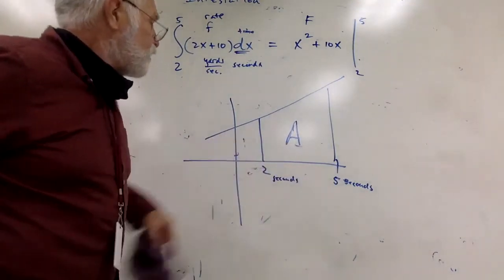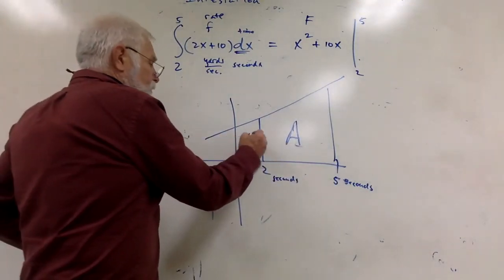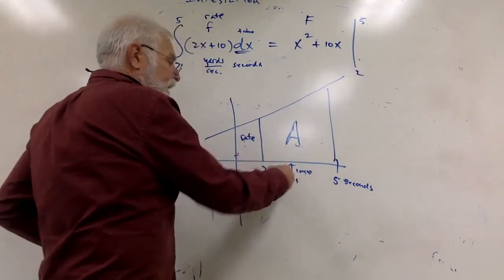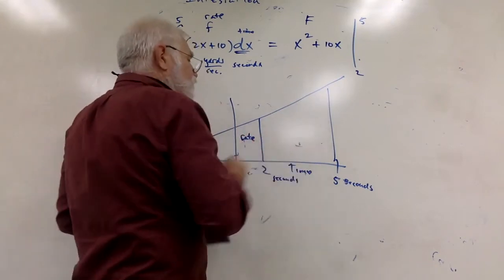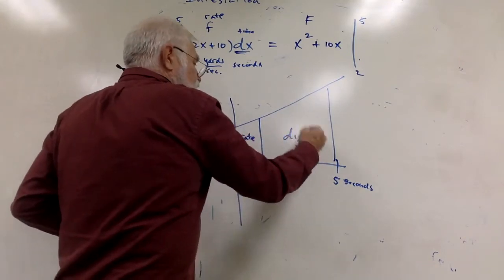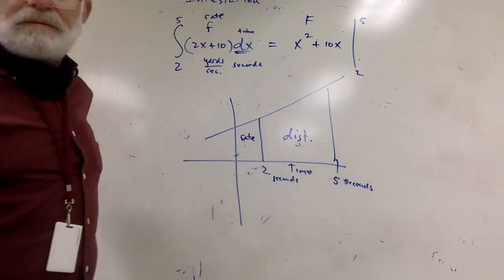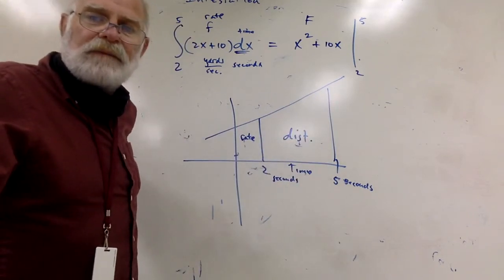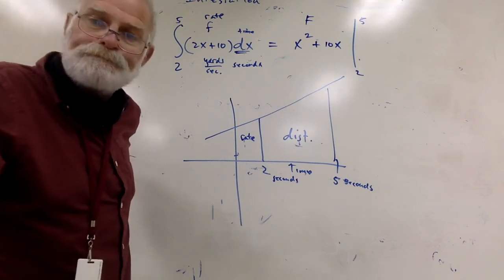Rate. This is the rate. This is time. Rate times time. This area under the curve is telling me the distance that Olympic athlete, that male or female athlete, ran between second number 2 and second number 5.